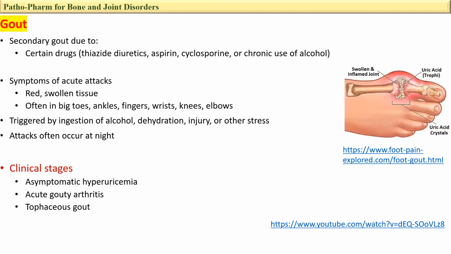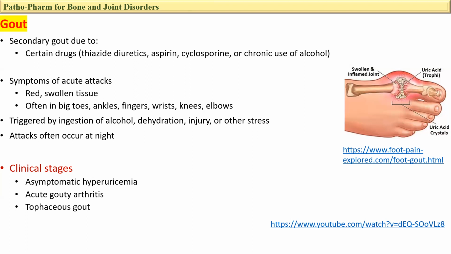Usually it's a big toe, or sometimes just one joint, like the big toe or the forefinger, that becomes swollen from the swollen tissue. So swollen, red, severe pain, very painful.